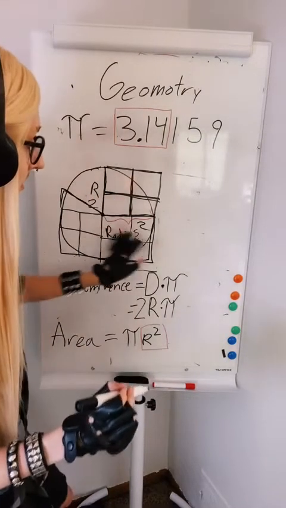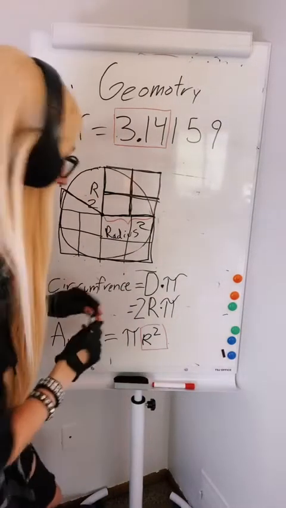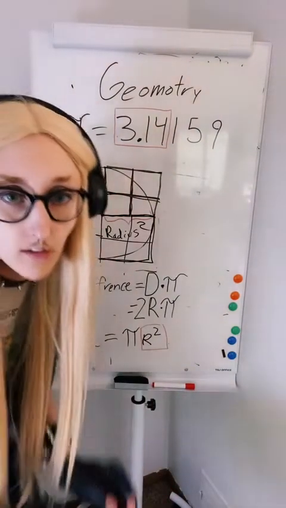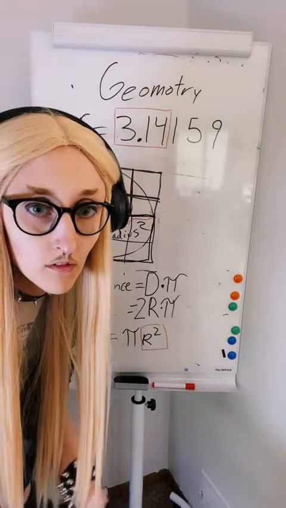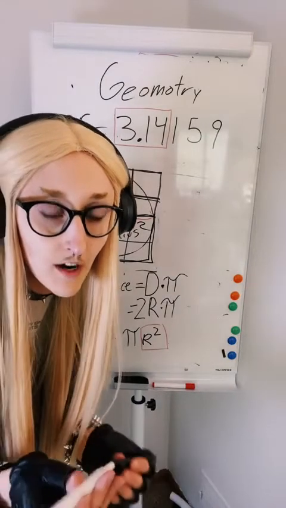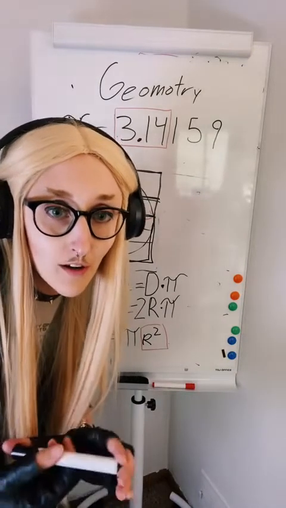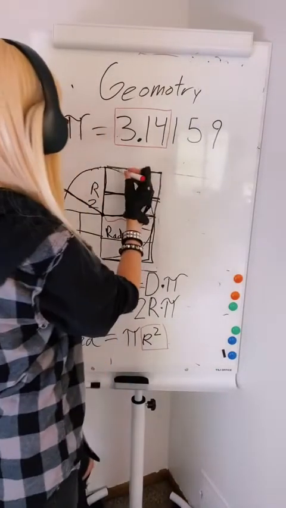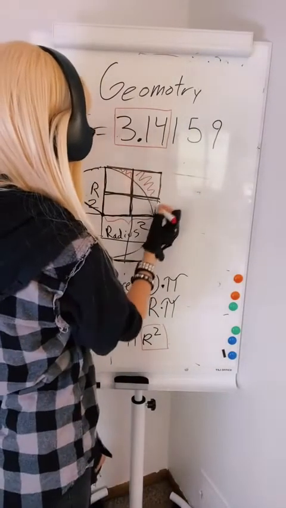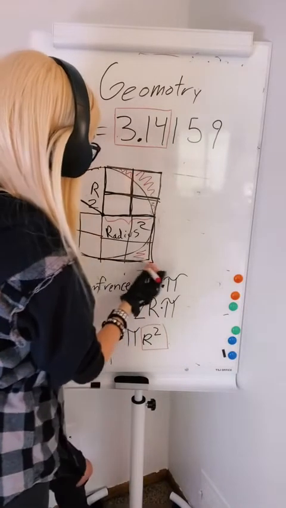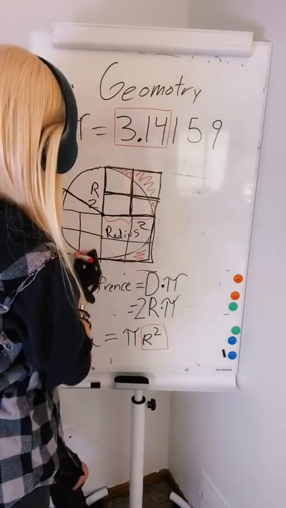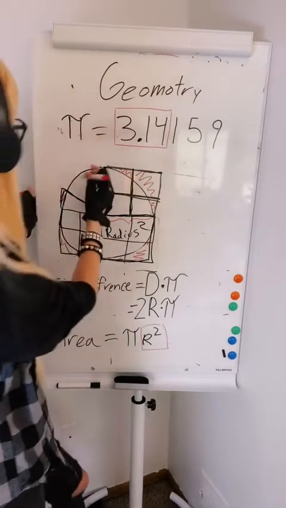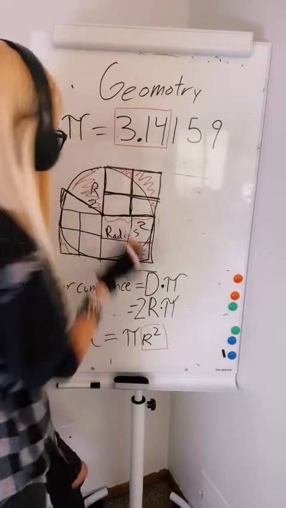Now, you'll notice that I haven't quite gone all the way around my circle with it. You're like, there's a 4th part. But the extra parts, these parts outside of the circle, these guys are going to fill in this leftover space.